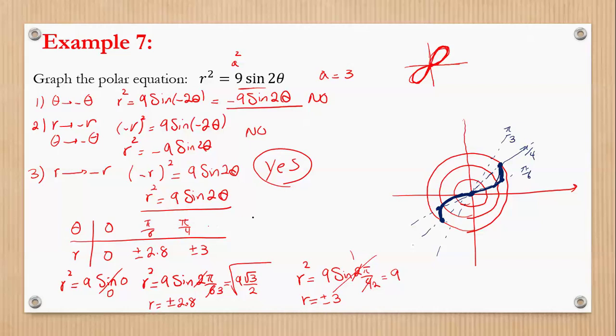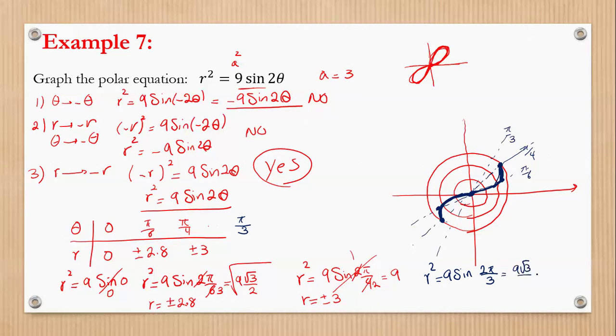If I replace theta by pi over 3, let's see what we get. We get r squared equals 9 sine of 2 pi over 3. And what's the sine of 2 pi over 3? That should be the same as the sine of pi over 3, which is root 3 over 2. So it's 9 root 3 over 2.